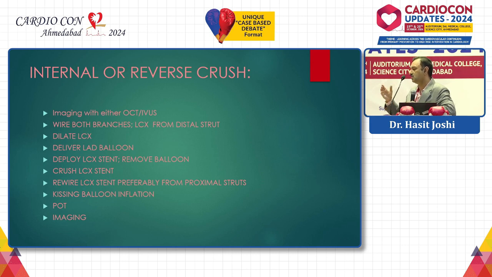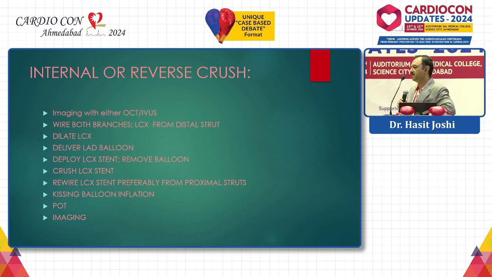But I would rather go with this as 111, given a large LAD, 4.5 vessel. I would treat that as a LAD which has already been stented and the side branch being compromised. So there I would go for internal or reverse crush. And there are studies that internal crush or reverse crush is as good as DK Crush technique in long-term outcomes.